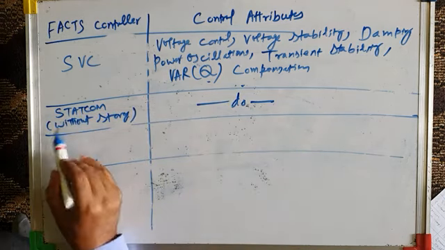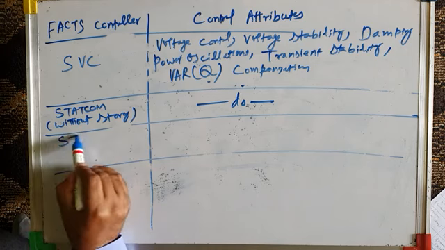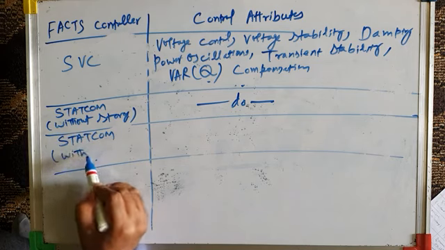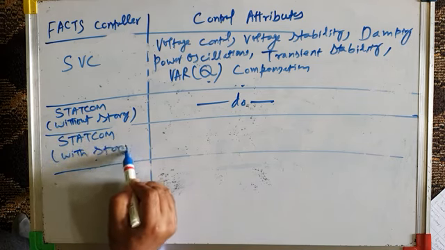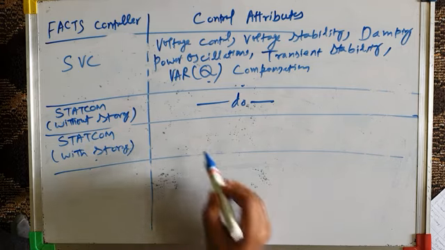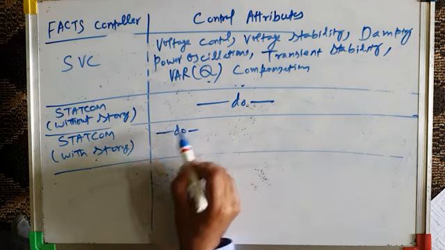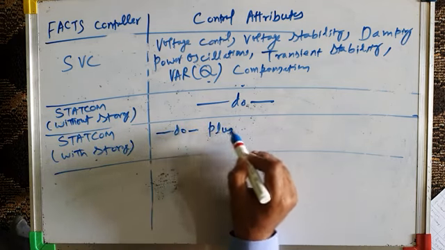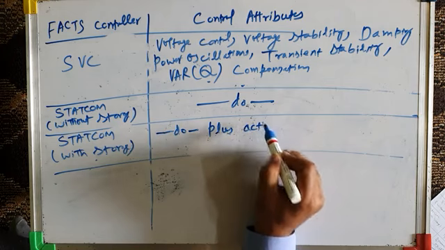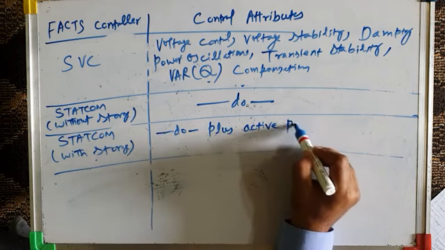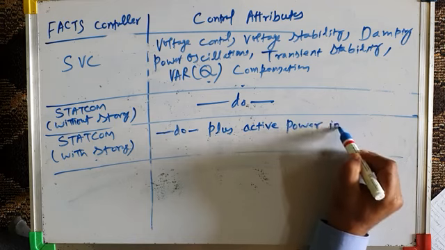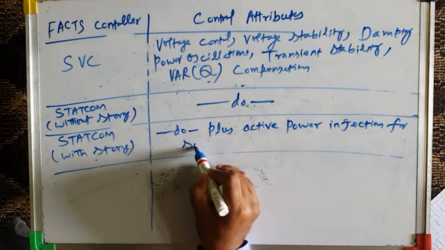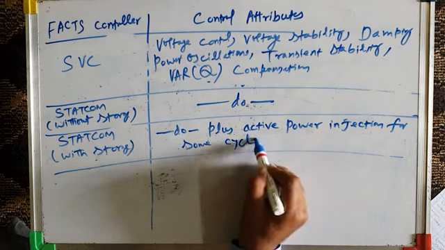Okay. Then I have STATCOM with storage. With storage, it has all the control attributes of STATCOM without storage, which I have written here, ditto, plus active power injection for a few cycles during the fault condition.